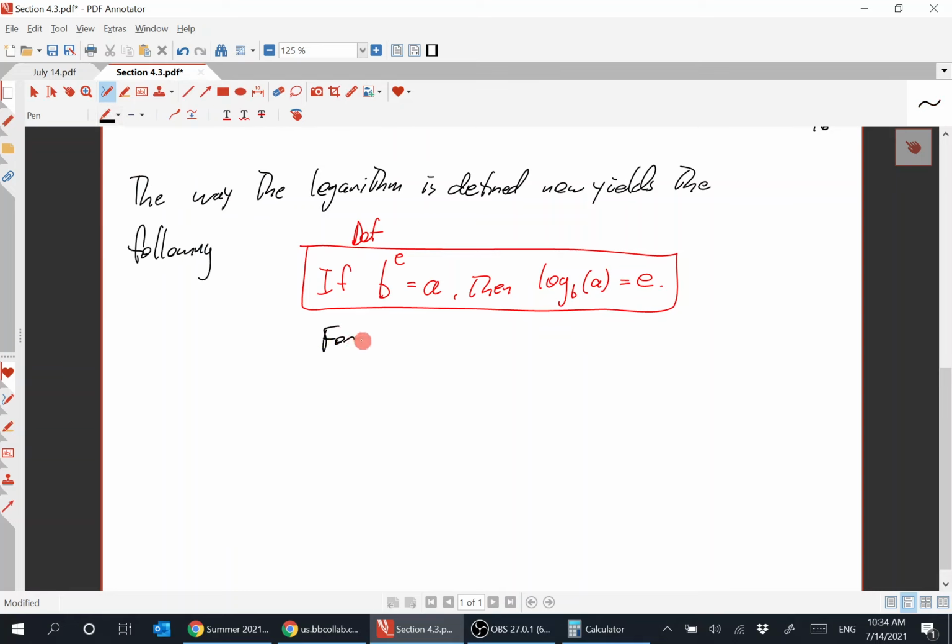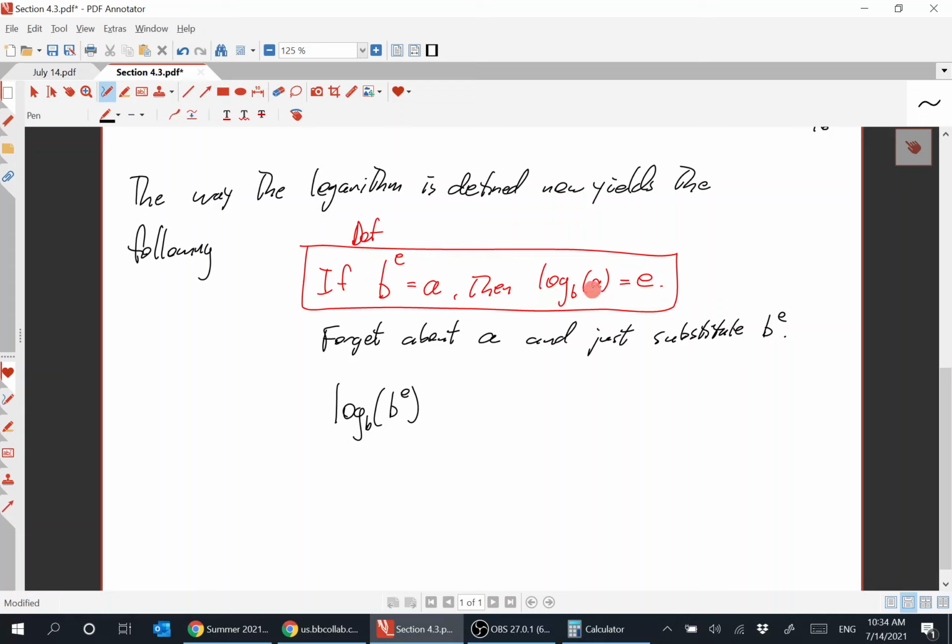Okay, forget about a and just use b to the e. So the log base b of b to the e, right? If a is b to the e, then the log base b of a is e.